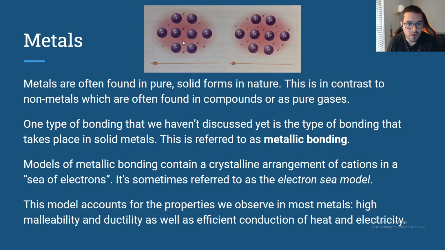It's a regular crystalline structure of metal cations, positively charged ions, surrounded by their electrons that are sort of free to move around a bit. This model accounts for the properties that we observe in most metals: high malleability and ductility.